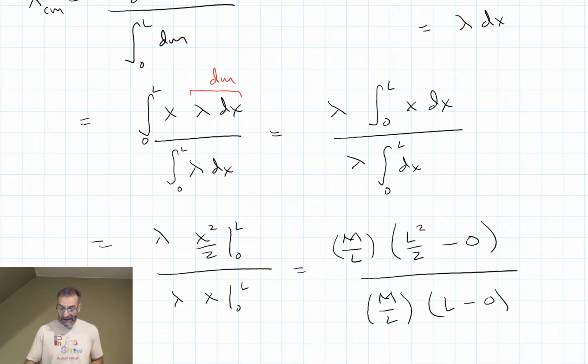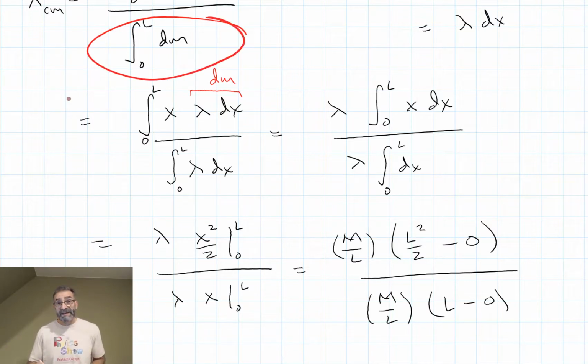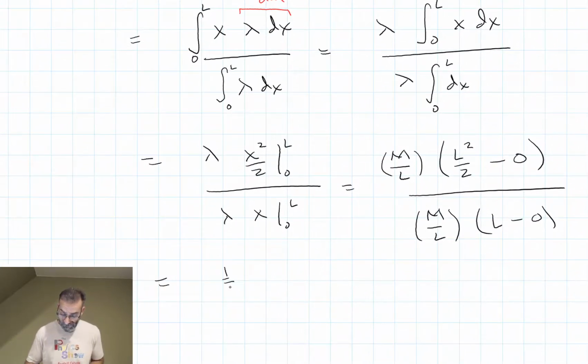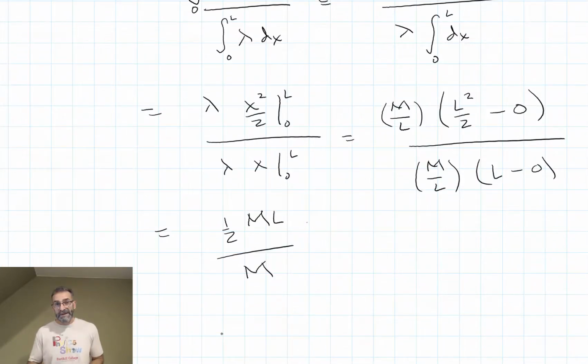So I'm not canceling my lambdas here because I want to show you that my denominator is going to equal m, the total mass of my rod. And you see that that's the case. So what we found was that the center of mass of a uniform rod is at the center of the rod.